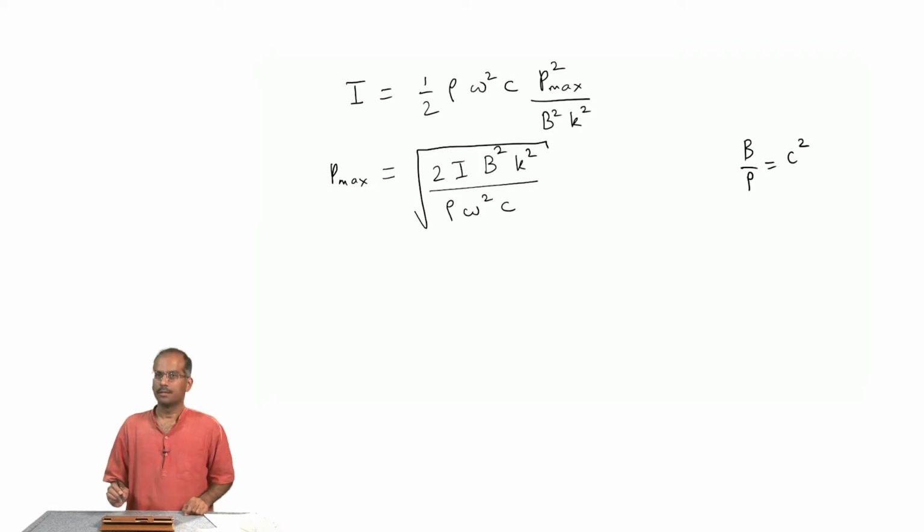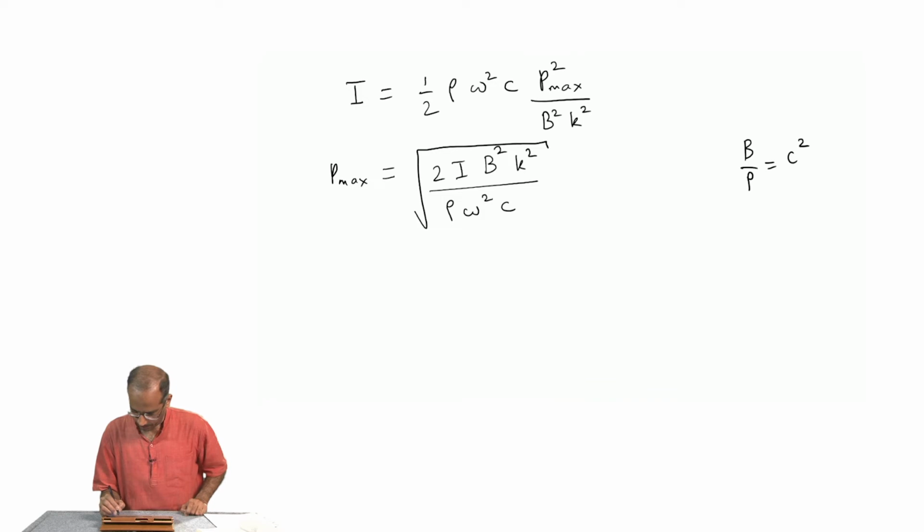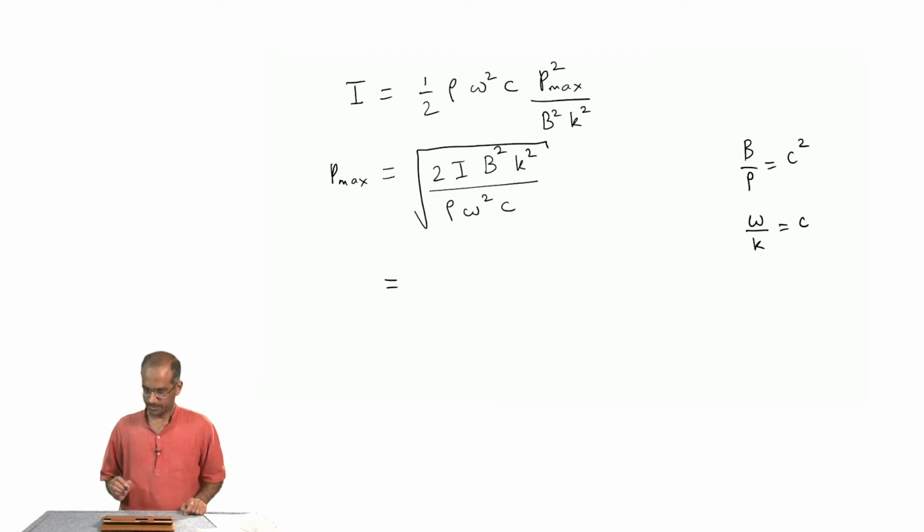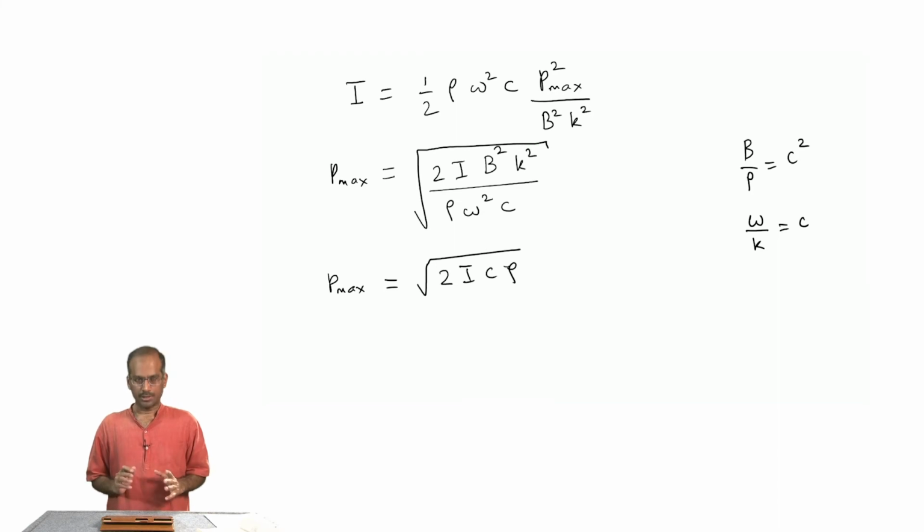Hence, we can eliminate B using this relation, and also that omega by K is equal to C. So, if I substitute all this in this equation, you will notice that this tells me that to calculate P max I need to know intensity, velocity of sound and the density.